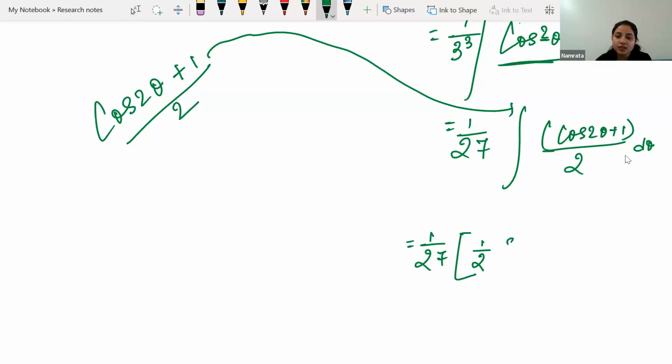Only plus sin 2 theta, divided by 2, right? Can I write this, 2 theta is there, that's why divided by 2. Plus 1 by 2, only theta. Okay? Plus obviously the constant of integration will be there.